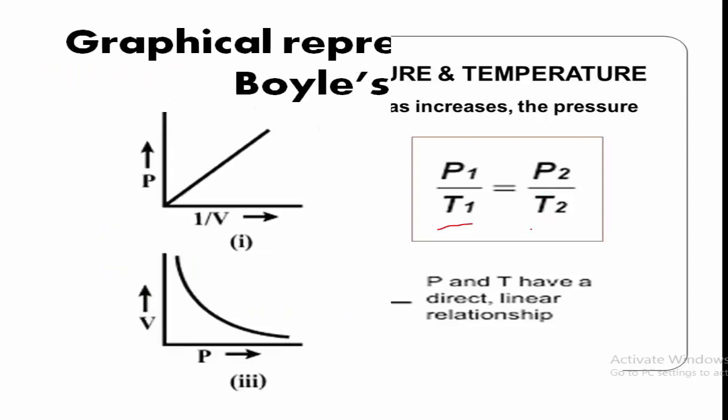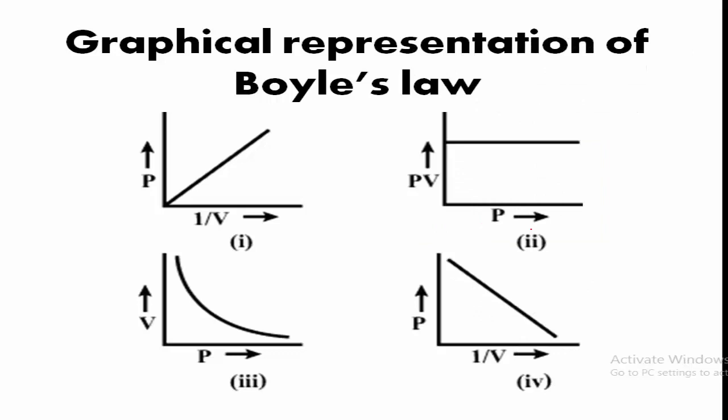Then the graphical representation of Boyle's law. As I have told you, it gives the relationship between pressure and volume. When we plot the graph for P and 1 by V, we will get curves like this. Just remember these graphical representations of different gas laws.